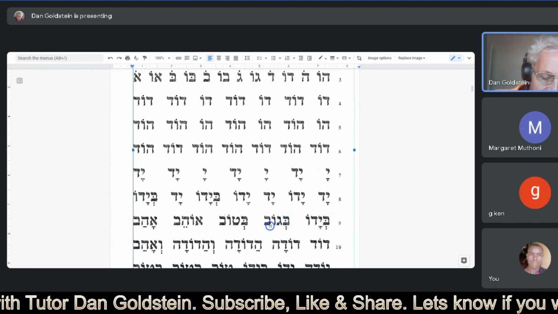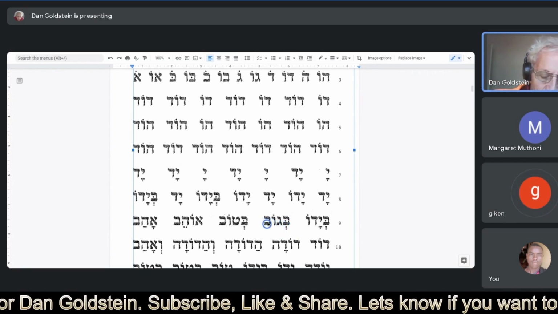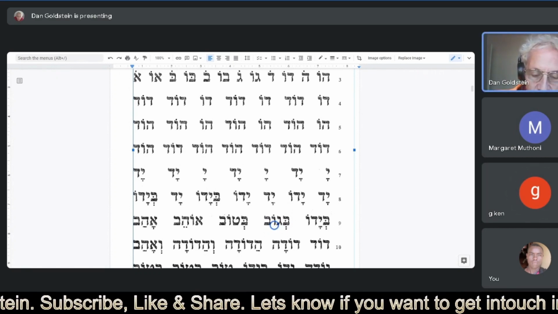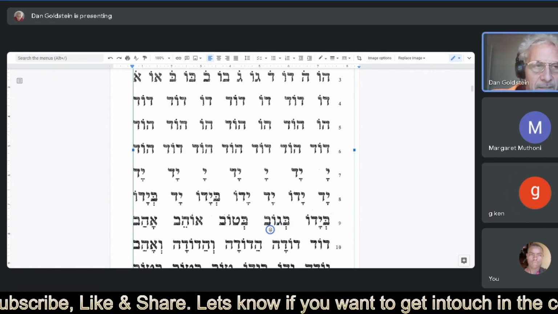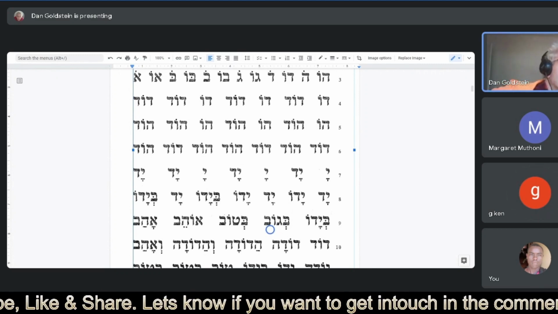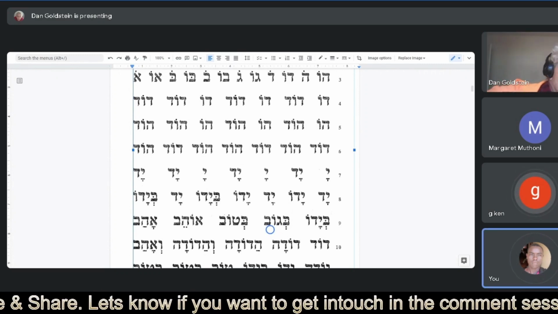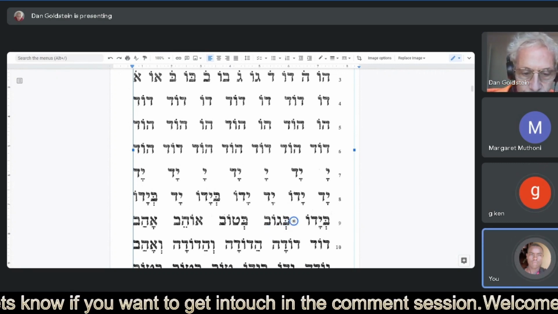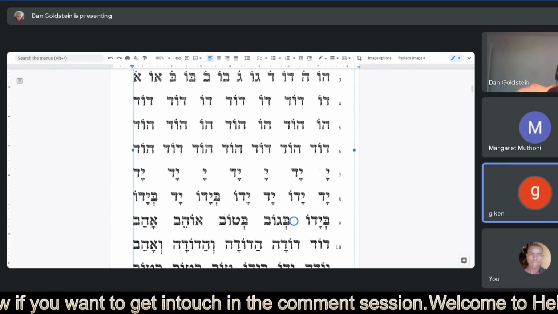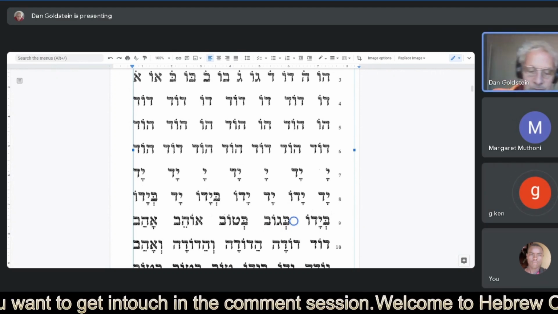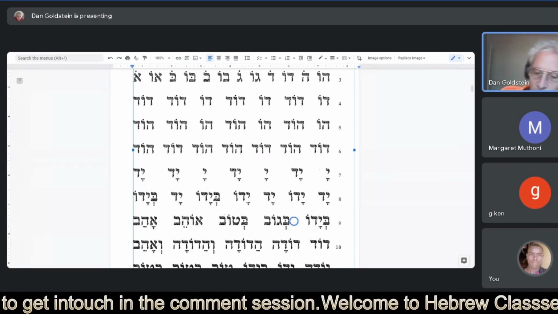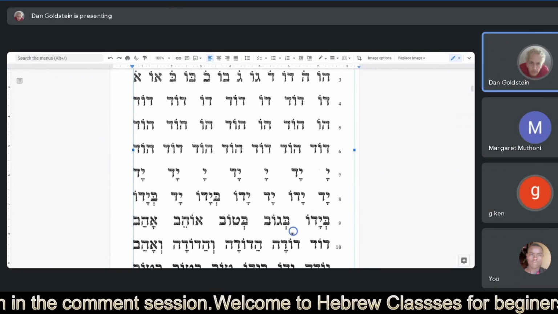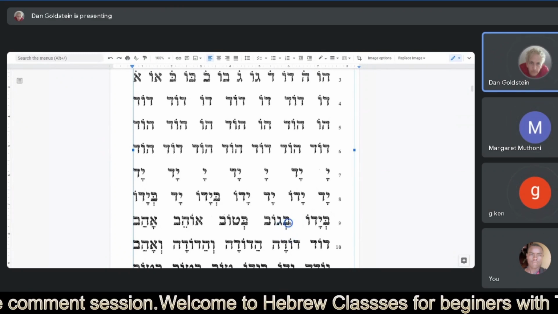I think it needs to combine with the next bit. So really, bego is just one syllable, one closed syllable. But I'll double check that so I don't steer you wrong. I think B is a preposition meaning with or in, right? But the shva is our question.